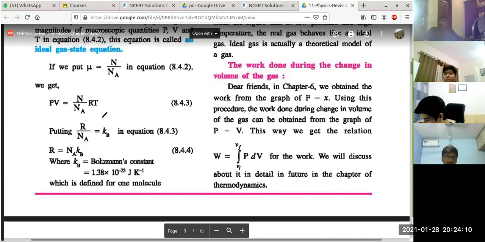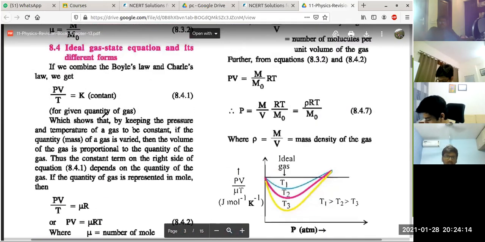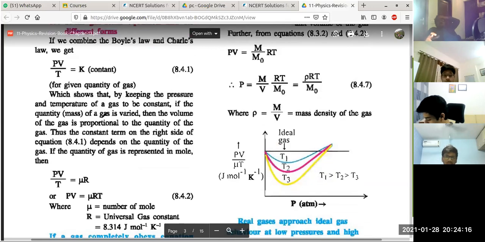Next. You make this graph. I'll explain this later after I have told you what a real gas is. You make this graph quickly.